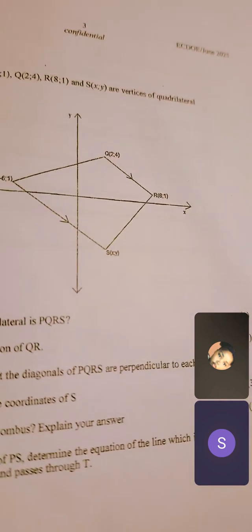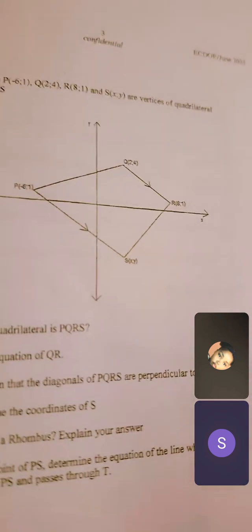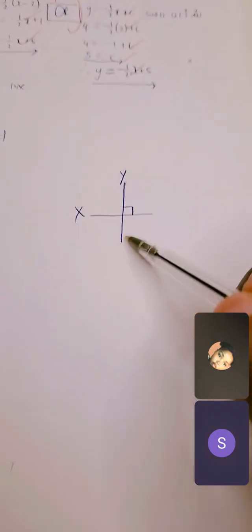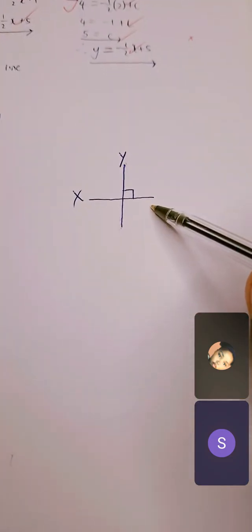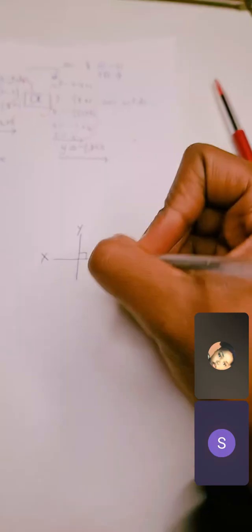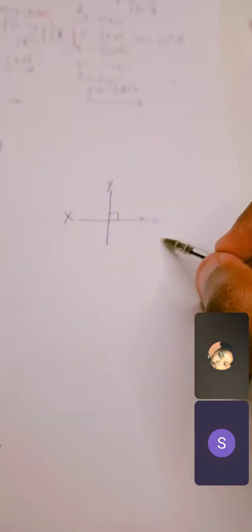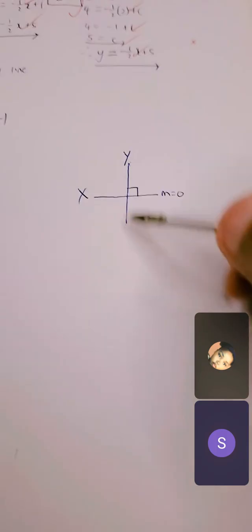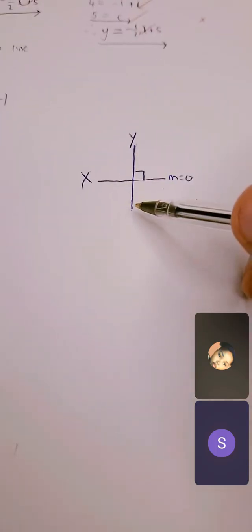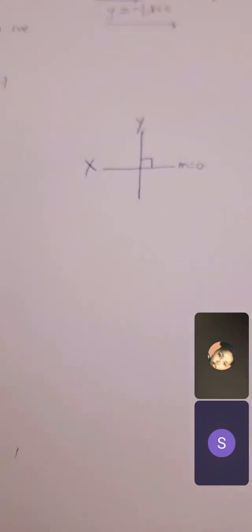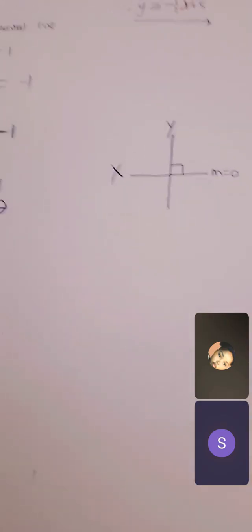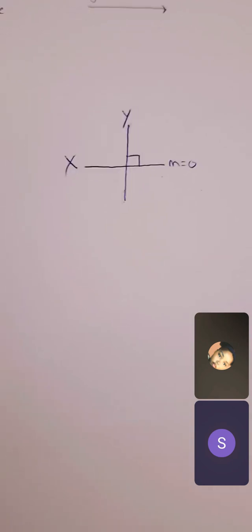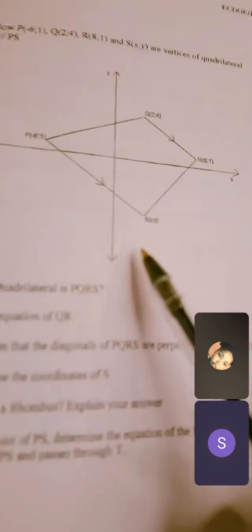If you were not aware of this, I need you to be aware of it now, because your vertical y-axis is perpendicular to your horizontal x-axis, but your horizontal x-axis has a gradient which is 0, and obviously the vertical line's gradient will be undefined. But we say the two lines are perpendicular. So lock into that particular point.